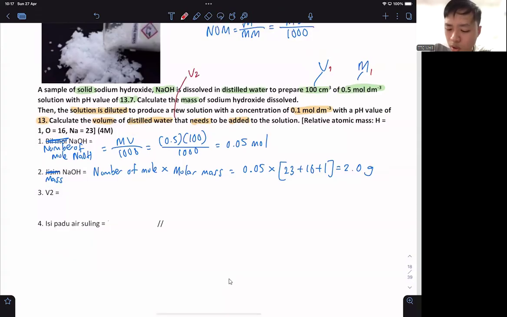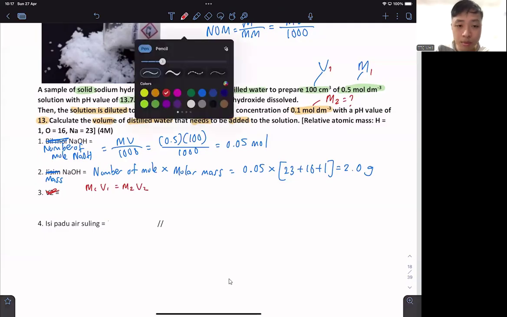Just to recall, the dilution formula is: they need the new concentration, so this is M2. Simple. M1 V1 equals M2 V2.